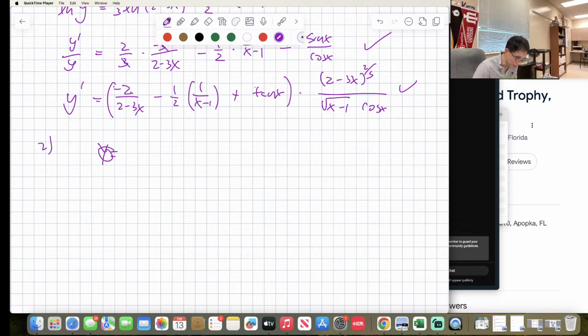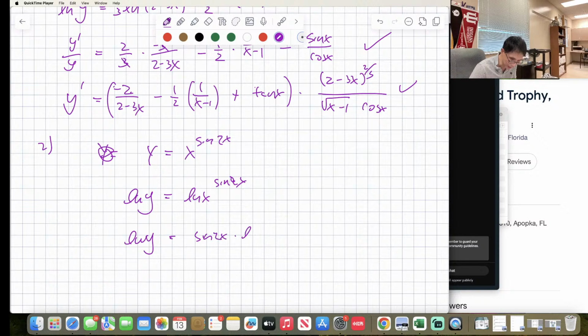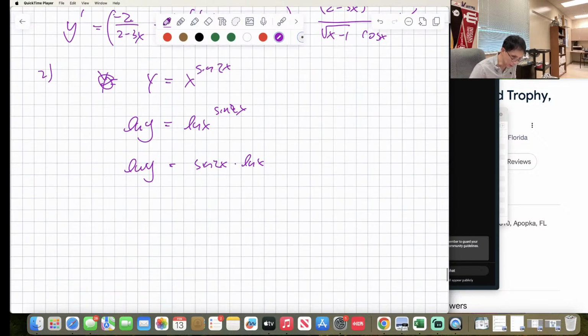Okay, so you have y equal to x to the sine of 2x. ln of y equals ln of x to the sine of 2x, and you should get ln of y equal to sine of 2x times ln of x, or either the other way. Now you're going to have one check mark. Y prime over y is equal to cosine of 2x times ln of x plus sine of 2x times 1 over x.